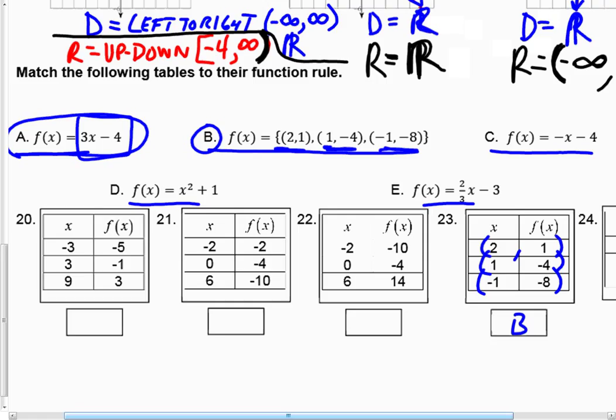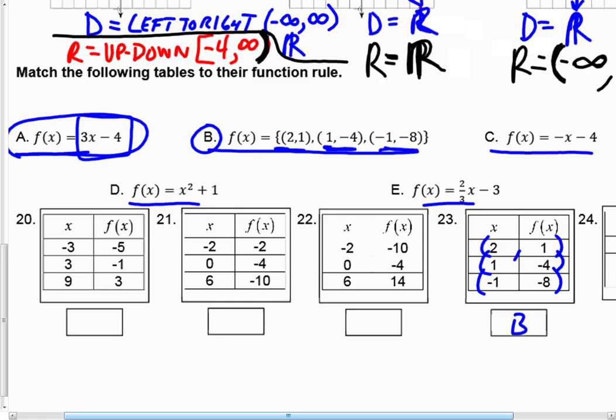I need everybody to do that right now, and I'll come around. X key is right here. See that X? Press that. Please put in 3x minus 4 so I can see that you know how to enter this.